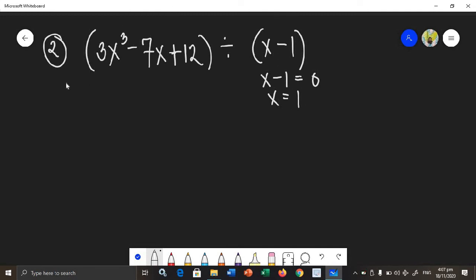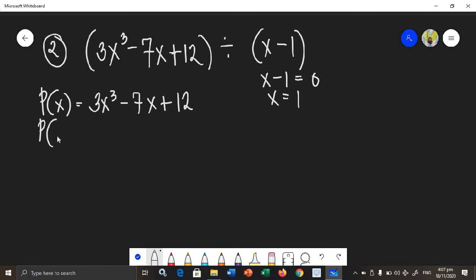Okay? And then we have p quantity x and then the given polynomial here, 3x cubed minus 7x plus 12. And we need to substitute c or the value of x kung saan kayo masaya, to all the x's here in the given polynomial.